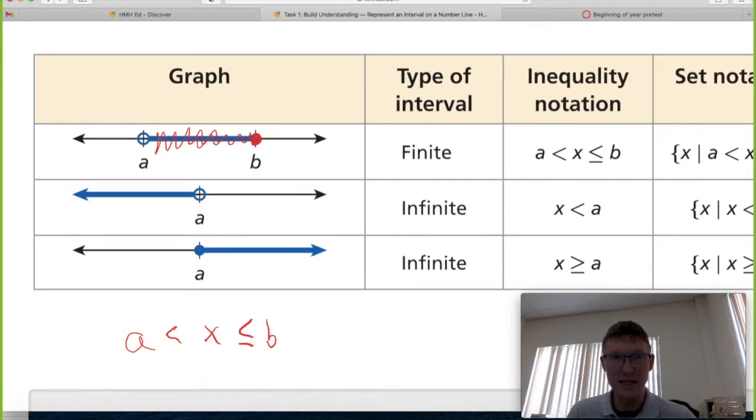When it's a solid dot, it's less than or equal to, or greater than or equal to. When it is an open dot, it is just the less than or greater than symbol.